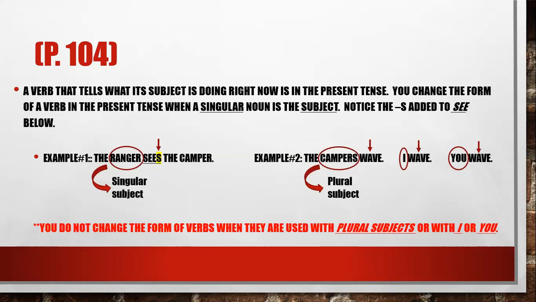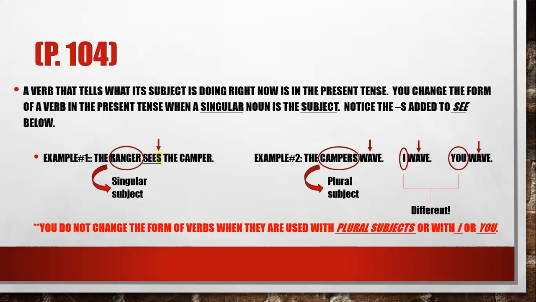Why is it that I, you, although they seem to be singular subjects, why are we treating them as if they were plural subjects? Well, these two are different. They are exceptions to the rules. You know that I always tell you that English is very complex and it has many, many exceptions to the rules.